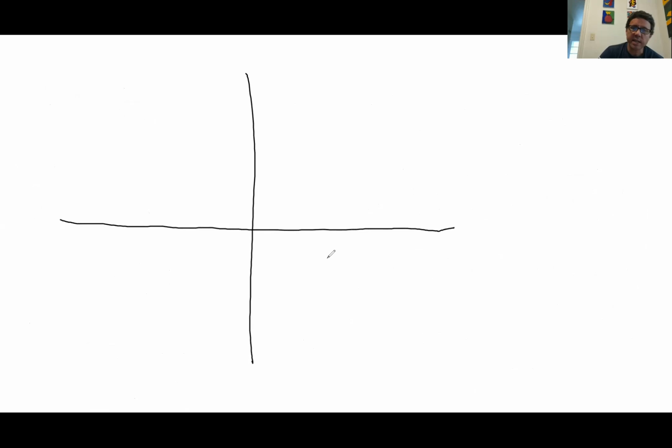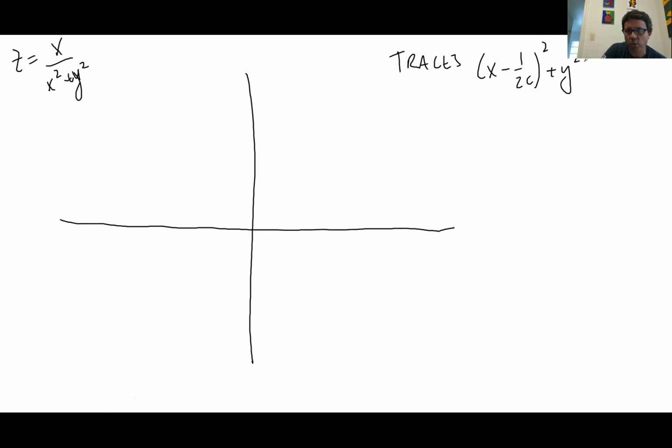So if c, and I'll just go ahead and rewrite the equation here. So z is x over x squared plus y squared. The traces are x minus 1 over 2c, squared, plus y squared equals 1 over 2c squared.